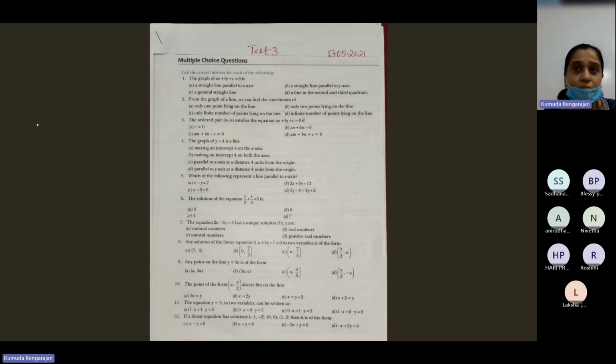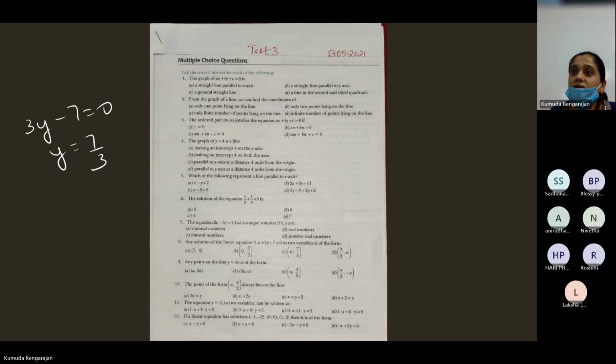So 3y minus 7 is equal to 0. Y is equal to 7 by 3. Y is equal to 7 by 3 means y is always 7 by 3 for any value of x.